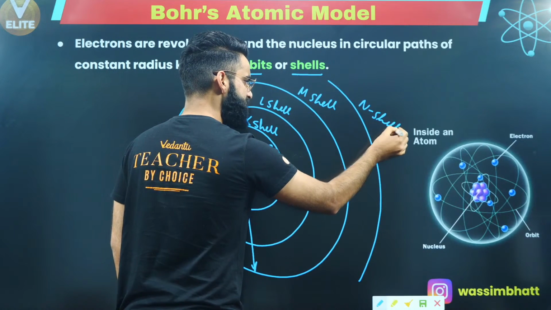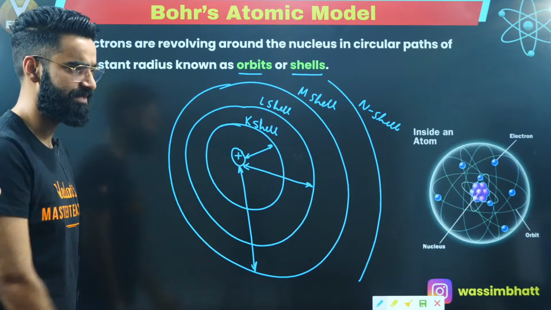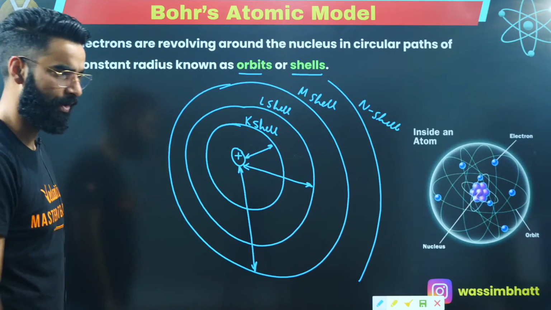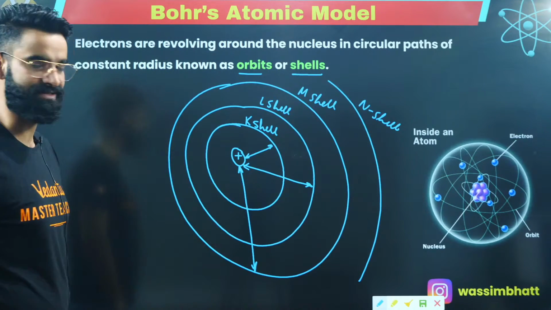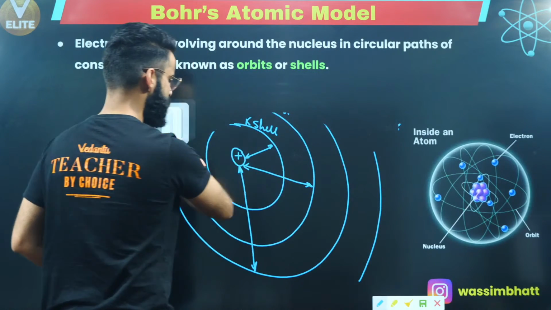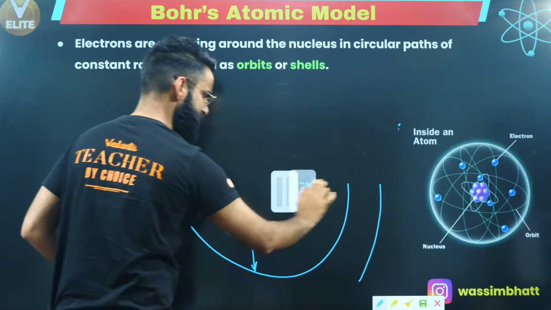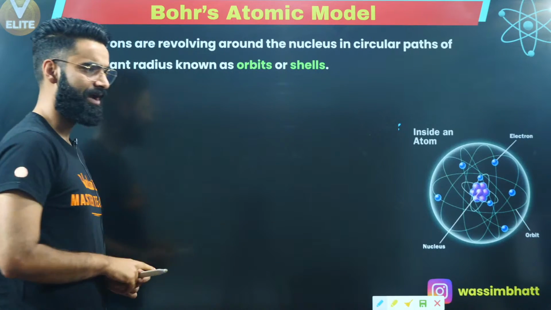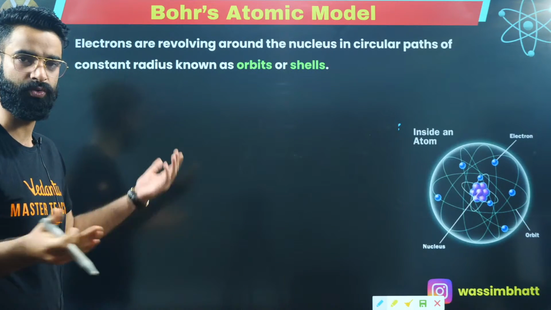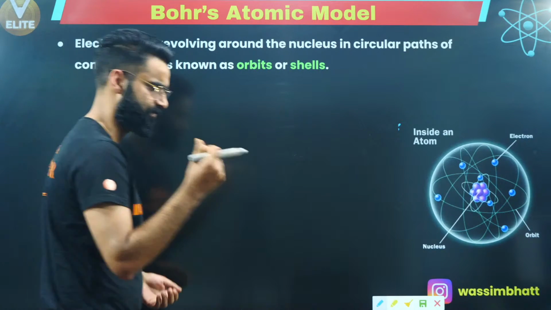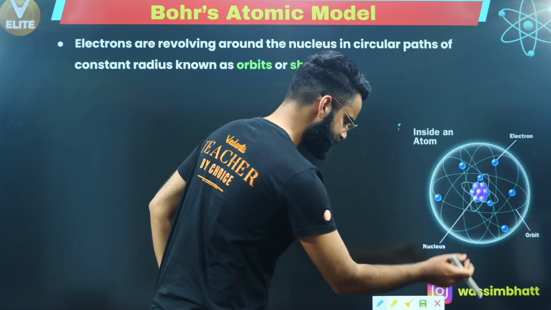So basically, Bohr was the one who gave the concept of shells. Remember, from now onwards, electrons continuously move around the nucleus in circular paths having fixed radius, and those are called either shells or orbits.